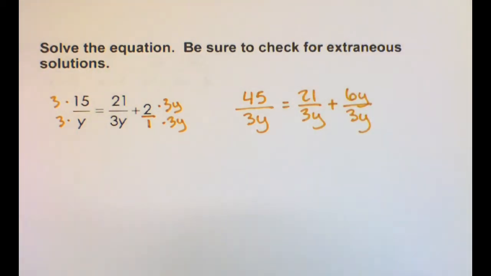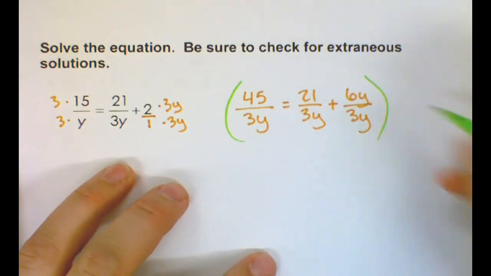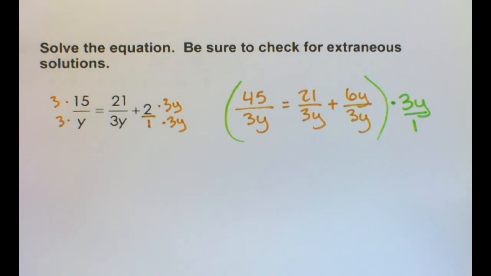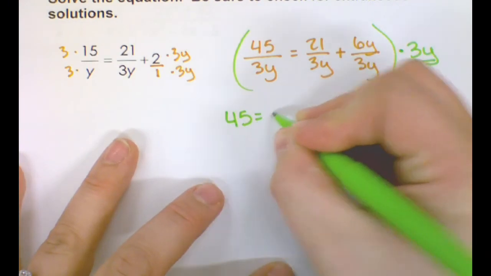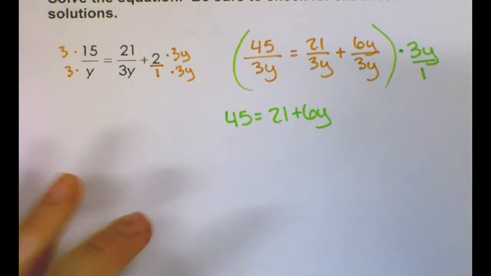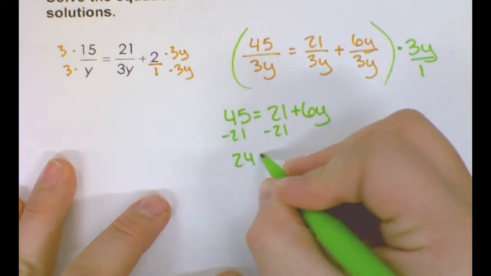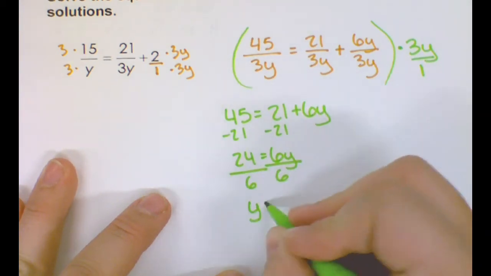The reason I like to do it this way is because now I take everything and I multiply by my denominator over 1, because that cancels all the denominators. I'm now solving 45 equals 21 plus 6y. I solve it just normal, subtract 21. I get 24 equals 6y. Divide by 6. I get y equals 4.